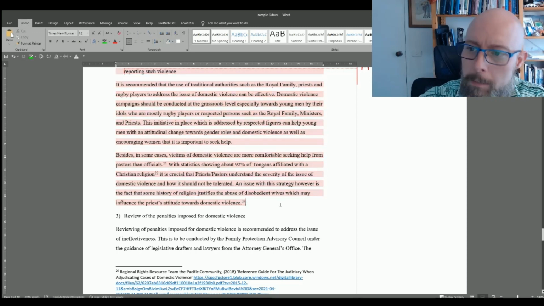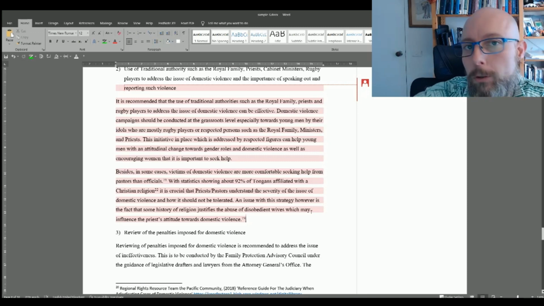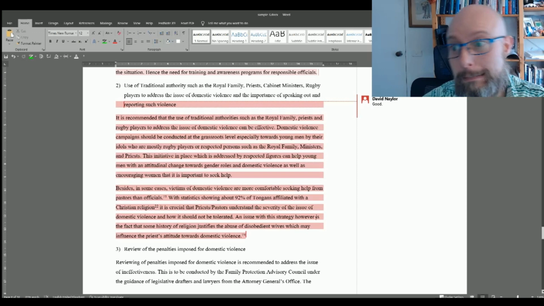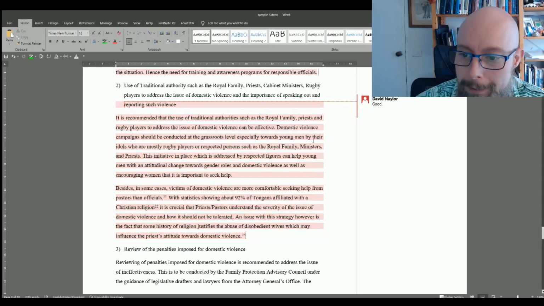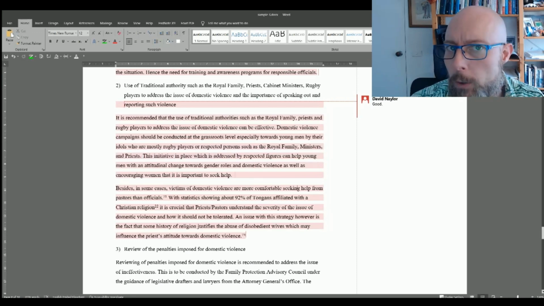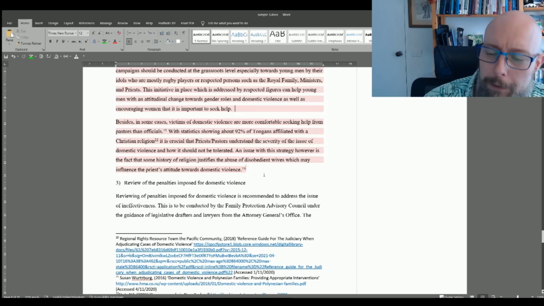We need to be mindful that some of the people we might want to use to promote these good messages might themselves be implicated in these things. Royal family members, ministers, the occasional priest. So again, let's be aware that, yes, this is an effective strategy, but we have to mitigate the risks.